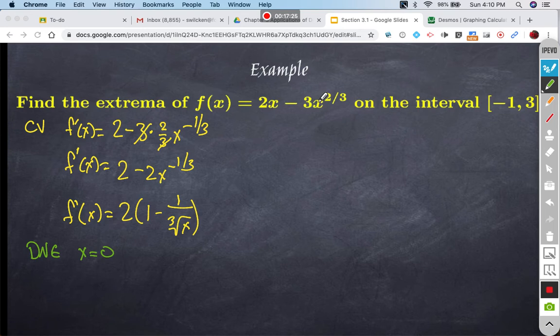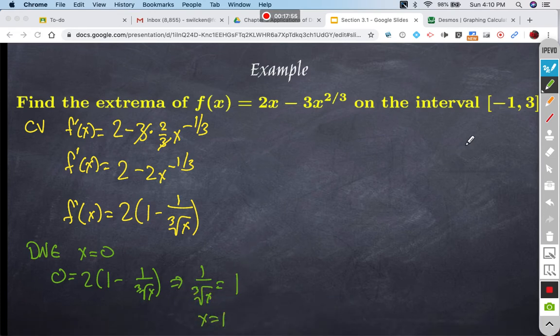I can plug 0 in here, but I can't find the derivative at that point. Then I look and see, where does 0 equal 2 times 1 minus 1 over the cubed root of x? And that's going to be where 1 over the cubed root of x equals 1. So x is going to have to equal 1.